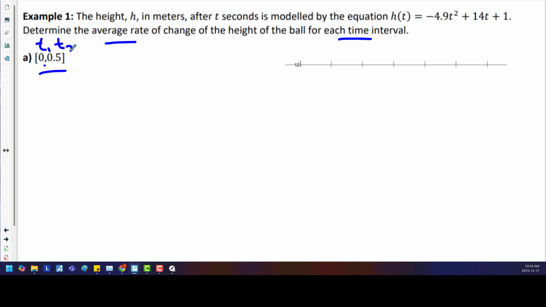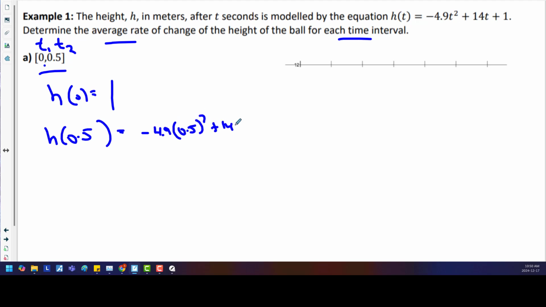So t1 and t2. So we're going to have to find h of 0, which, plug in 0, you have negative 4.9 times 0 plus 14 times 0 plus 1. That's just going to be 1. And then you have h of 0.5, which is equal to negative 4.9 times 0.5 squared plus 14 times 0.5 plus 1.